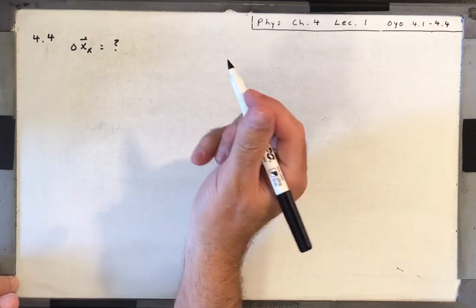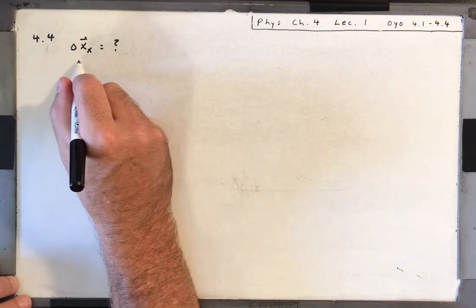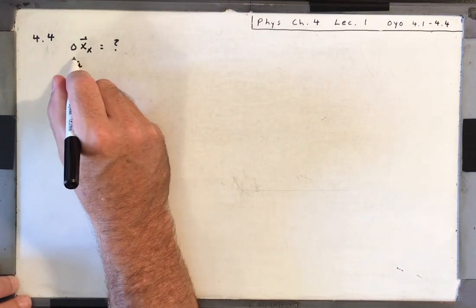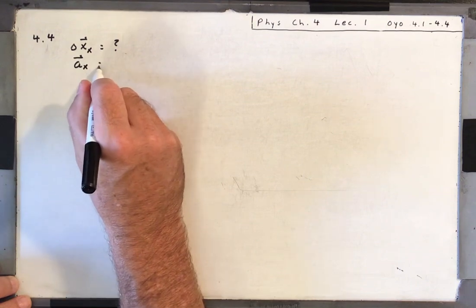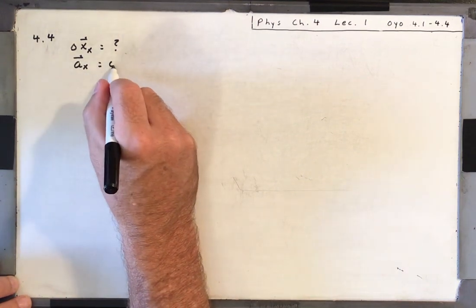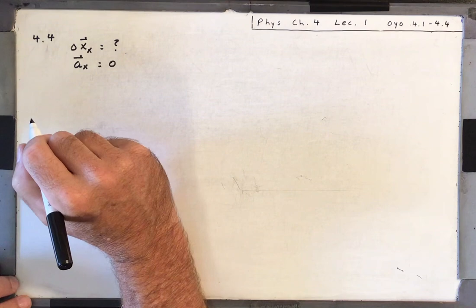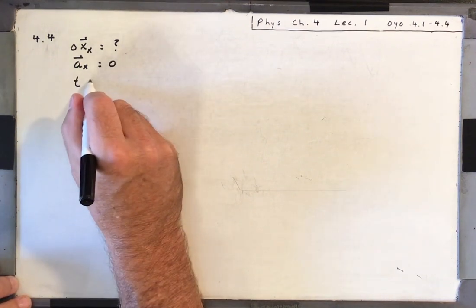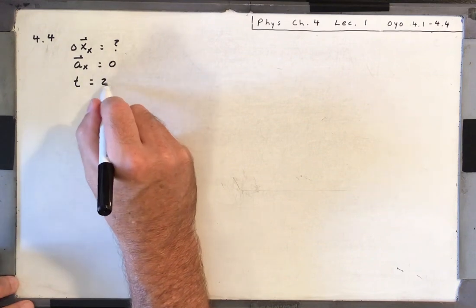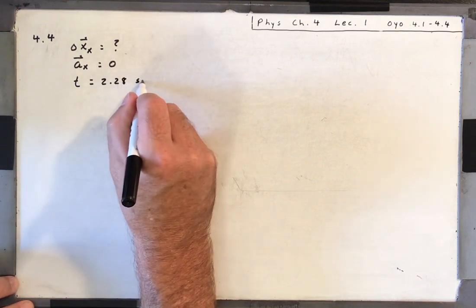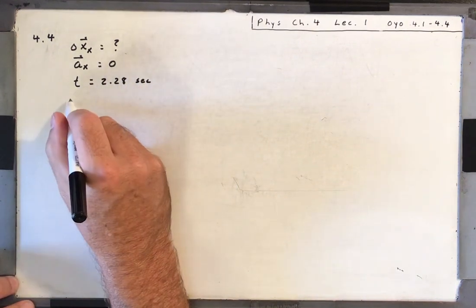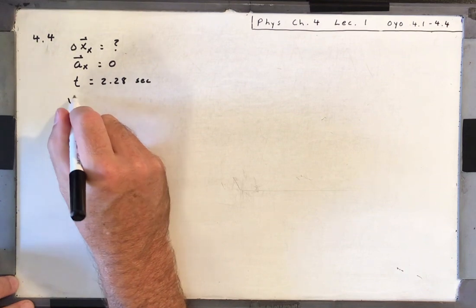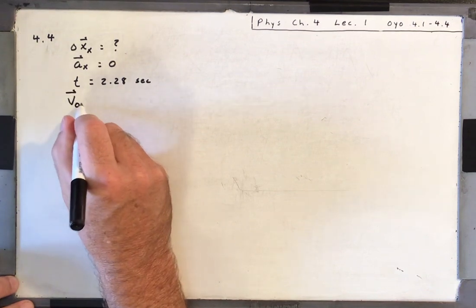Okay, so what do we know about the x direction? Well, we always know that a sub x with parabolic motion is always 0. So we've got that. We know that time is equal to 2.28 seconds. We can get the initial velocity in the x direction.